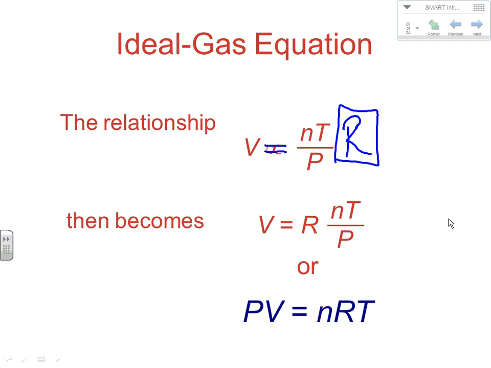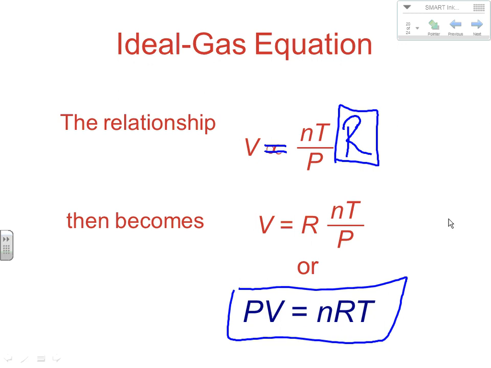So volume would equal nT over P times R. And if we rearrange that, we get something very familiar from last year, PV equals nRT. So this is our relationship between pressure, volume, the number of moles, and temperature.